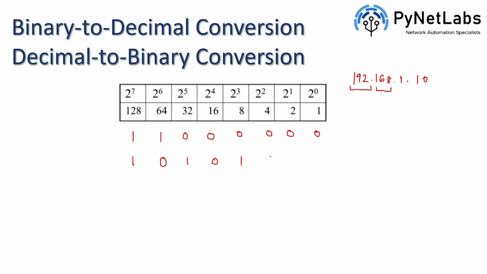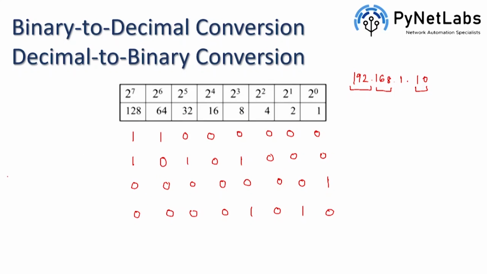This gives me 168, and I'll keep the rest of the bits as 0. Then for 1, it is pretty easy: we will have 0 for all of the starting bits, and the last one will be 1. Then for the 10, we can take 8 plus 2, right? So 0 0 0 0 1 0 1 0.